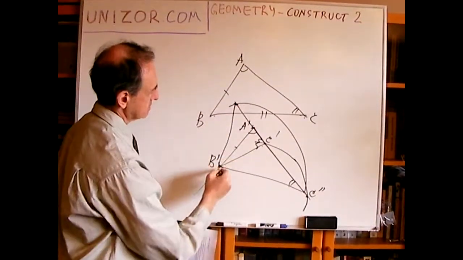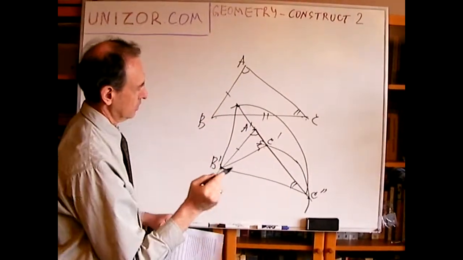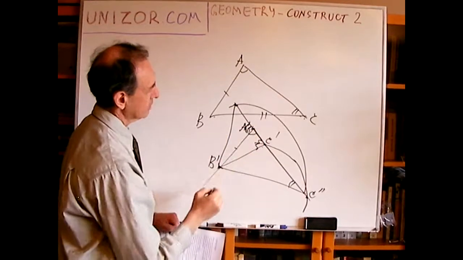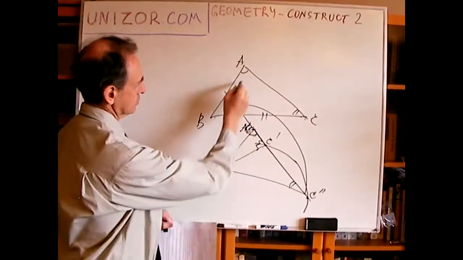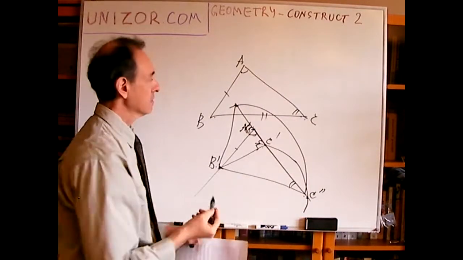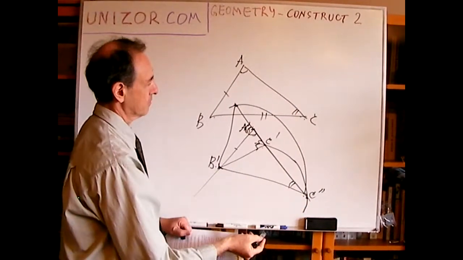And this is not exactly the triangle which we want, because the angle is not the given one. It's a supplementary angle to the given one. So if this is the biggest side in the triangle, then there's only one solution.